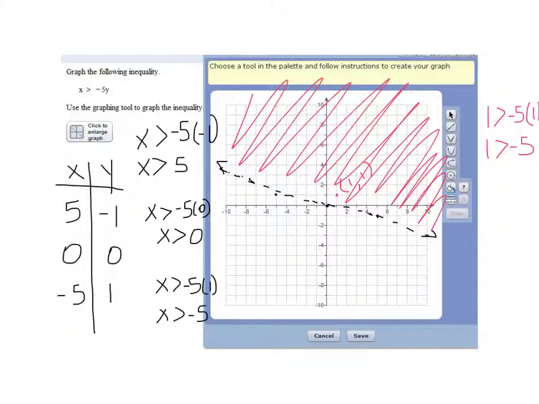If it had been a false statement, if it had said 1 is less than -5 or something like that, I would have shaded the opposite side. So that's how you graph an inequality. Now on the next slide, I will show you how to graph that type.